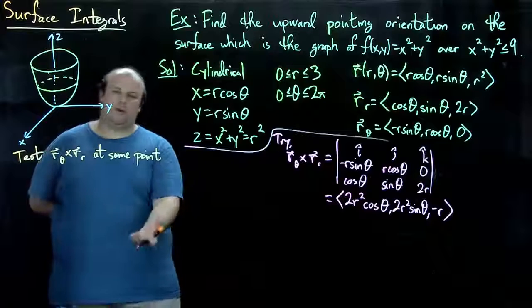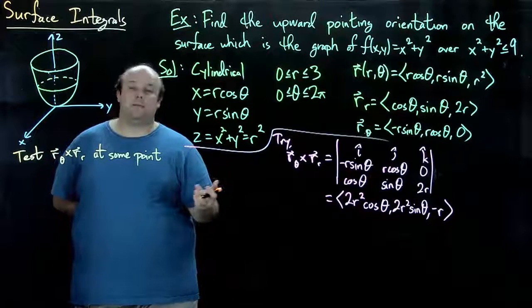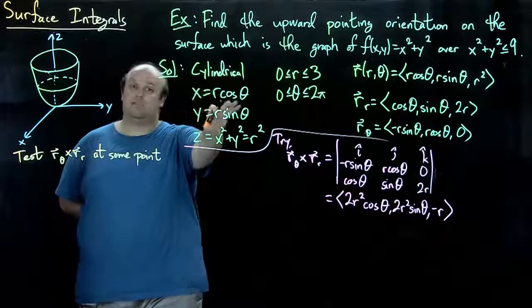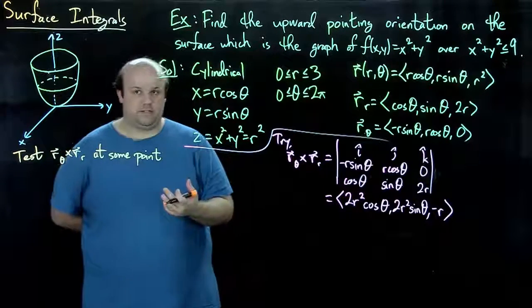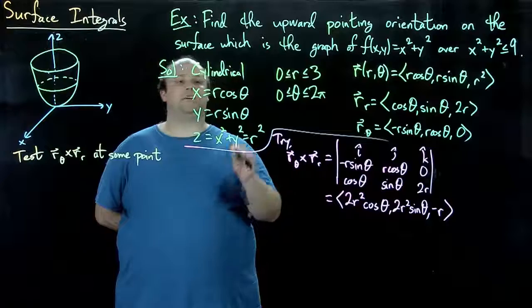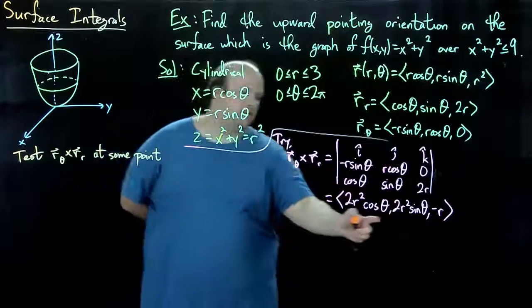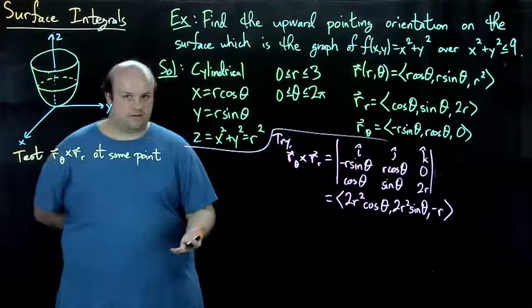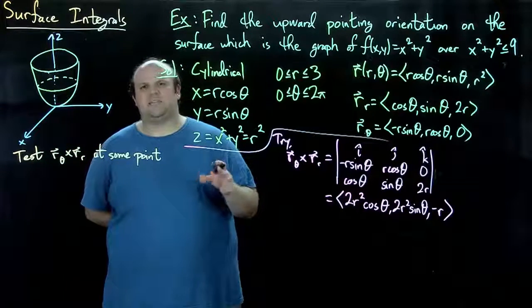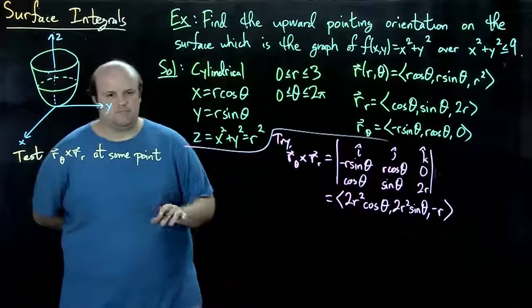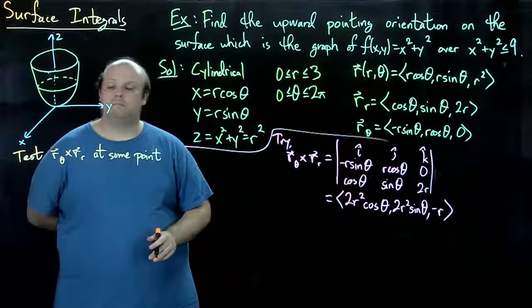So somehow that bottom vertex of the paraboloid here is bad in this parameterization. So let's just pick something that's not that point. By the way, if you pick r equals 0, we just get the 0 vector. All right, so there are some technical issues with that, but we'll kind of brush over them.